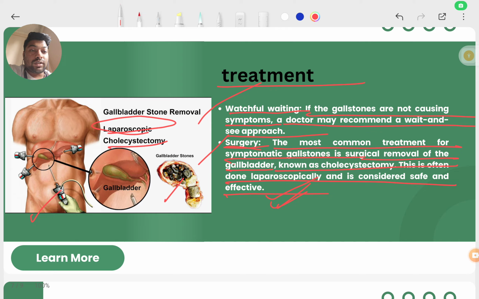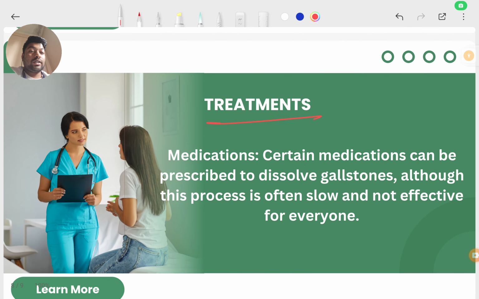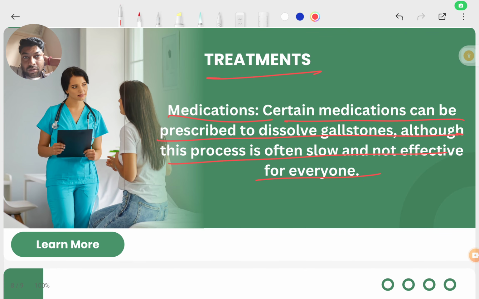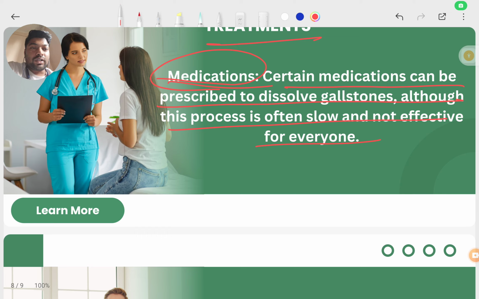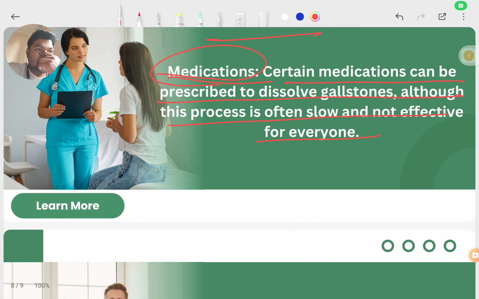Now treatment also includes medications. Certain medications can be prescribed to dissolve gallstones, although this process is often slow and not effective for everyone. In the medications portion, different painkillers are also given.